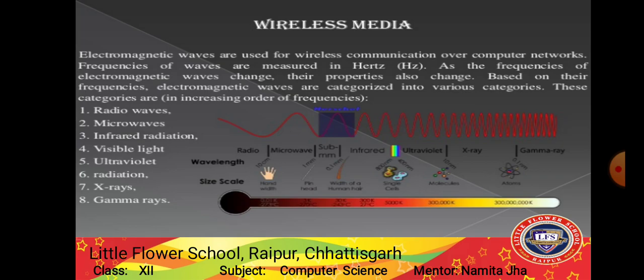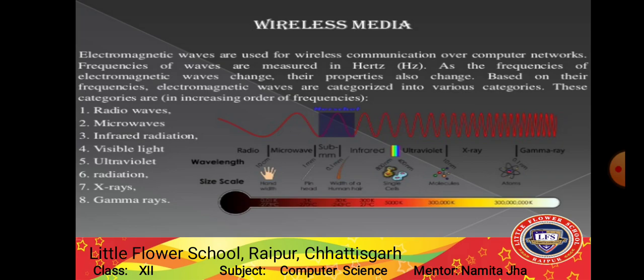Now, wireless media. Electromagnetic waves are used for wireless communication over computer networks. Frequencies of waves are measured in hertz, represented as Hz. As the frequency of electromagnetic waves changes, their properties also change.